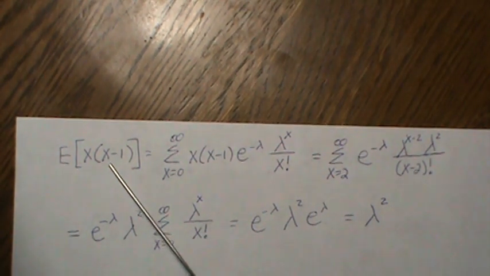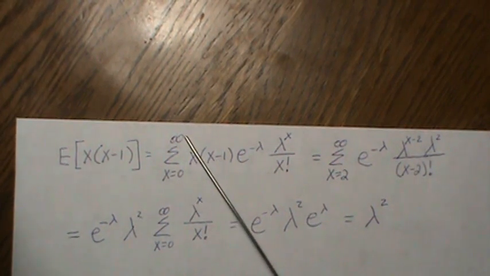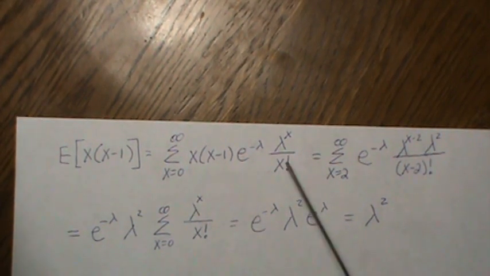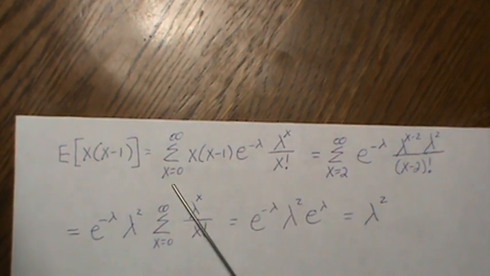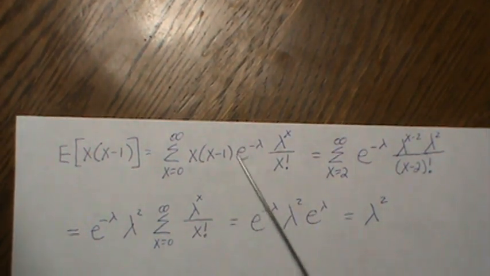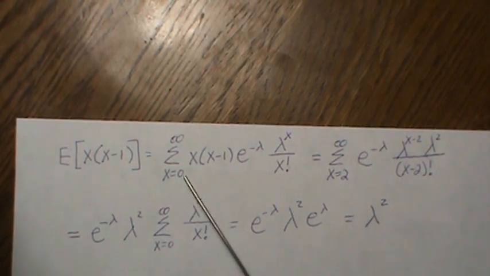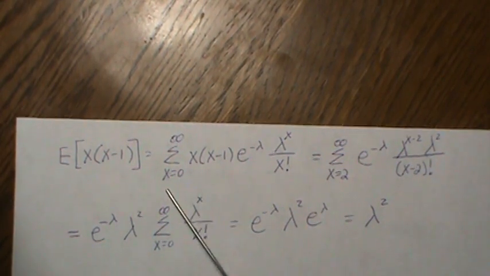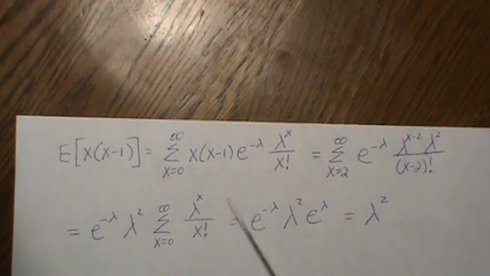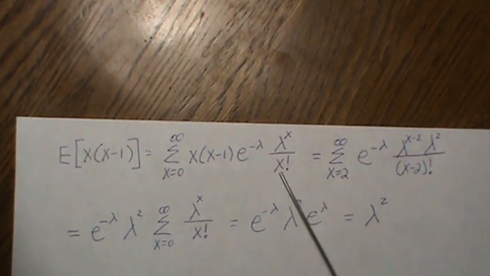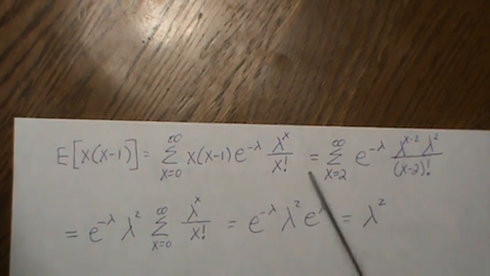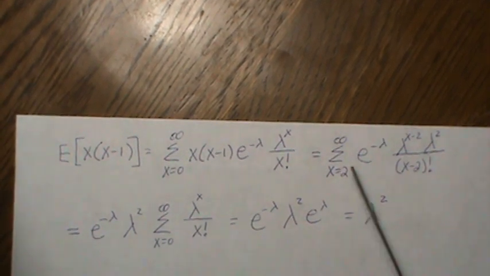So now we put this in, sum over all possible values, and put the PDF in also. Notice that when X is 0, this is 0, and when X is 1, this is 0, so we might as well start summing at 2. But then this can cancel with the first two terms of X factorial. So those go in there and become this.